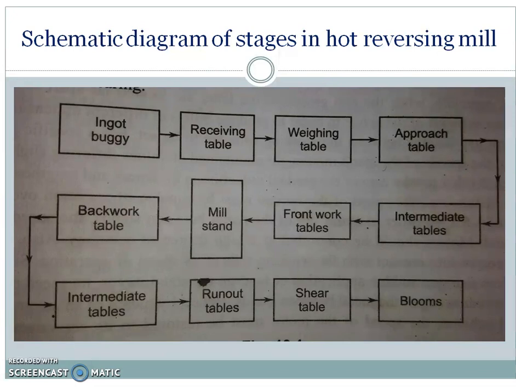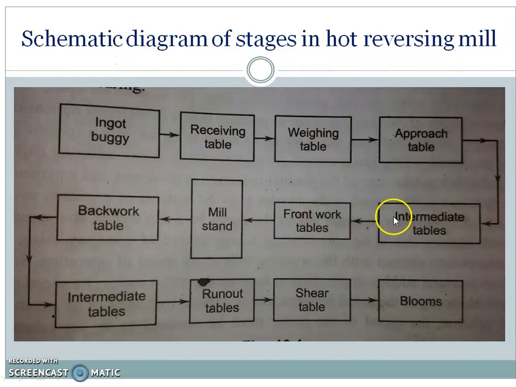This is a schematic diagram of the stages in the hot rolling mill. One is the ingot buggy. There is a pit here where they put the ingots. An ingot is one of the semi-finished steel products. From the ingot they are going to make blooms.